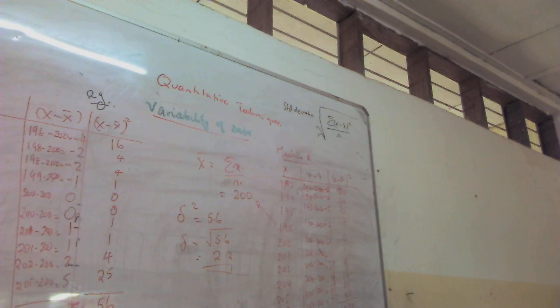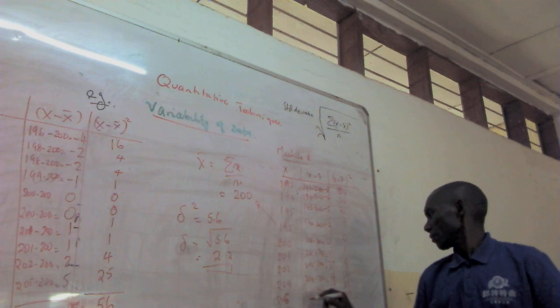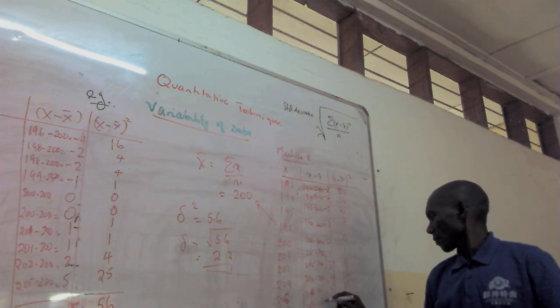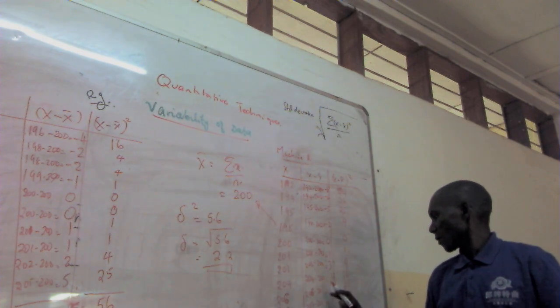64, 36, 25, 4, 4, 0, 1, 9, 16, 16. No, it's not 25, it's 16. For the first data, it's not 205, it's 206.